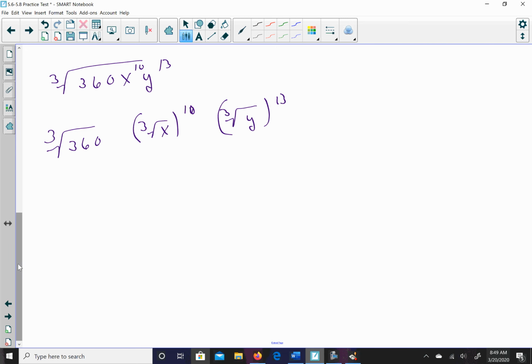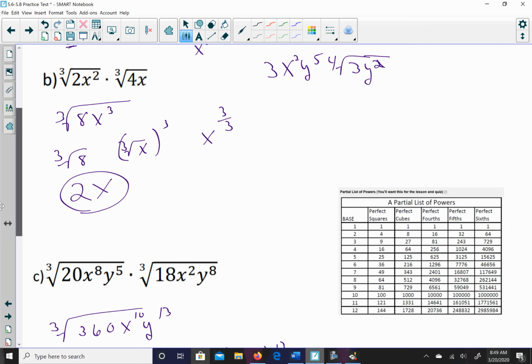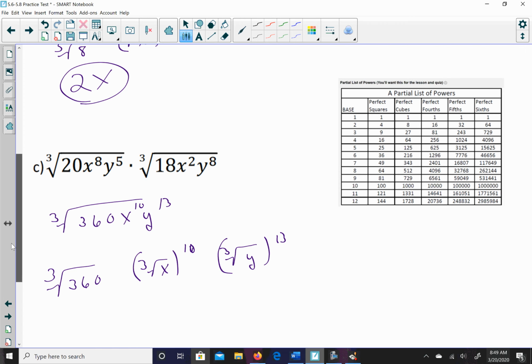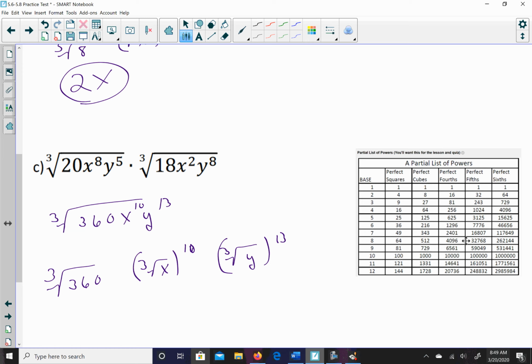Going to my power chart, I'm looking for my perfect cubes. So that's the 1, 8, 27 column. And I'm going to see what I can divide into 360 evenly.